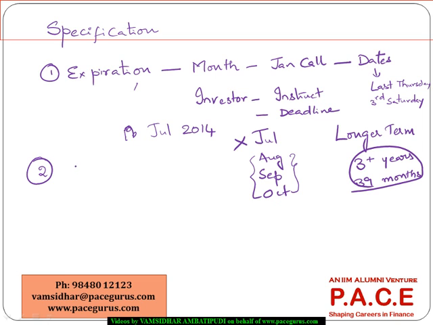Then the next important specification for us is the strike price or the exercise price. Even this is something that is decided by the exchange itself. Generally it generates a series of strike prices based on the current stock price at the beginning of, let's say, when it is introducing July options.